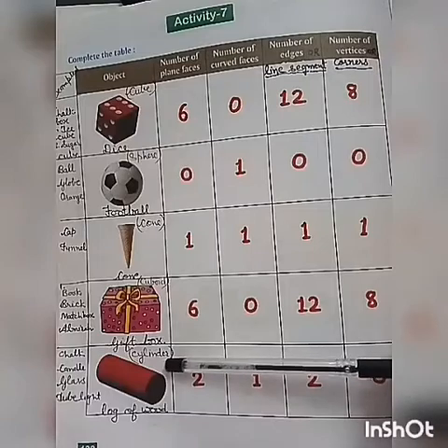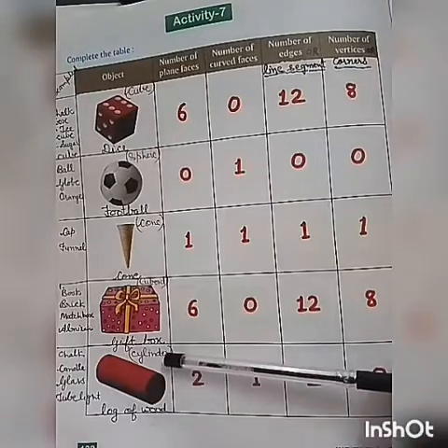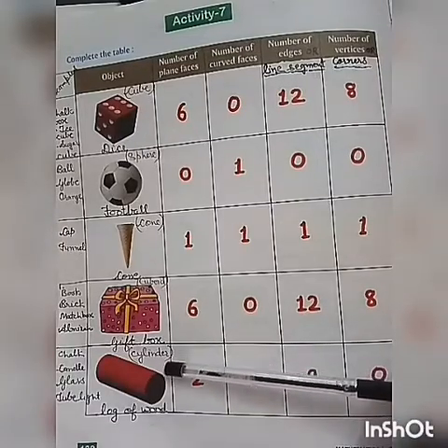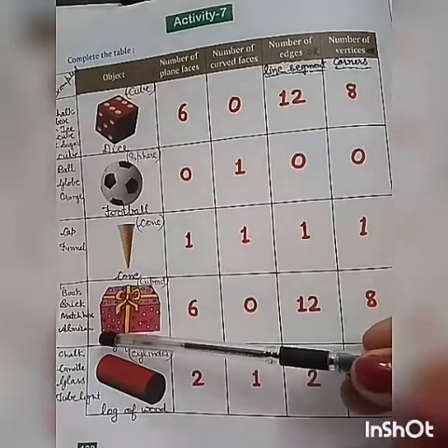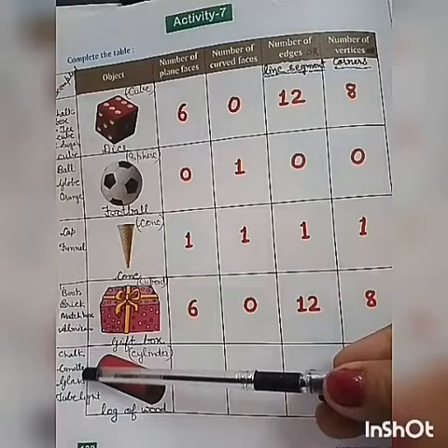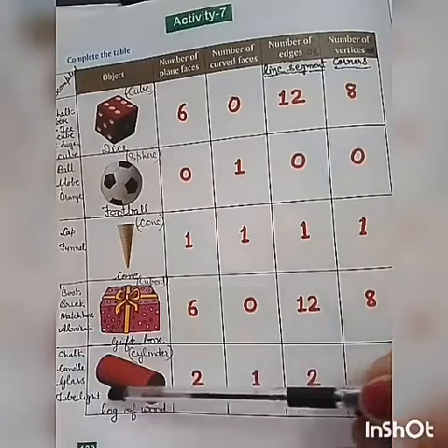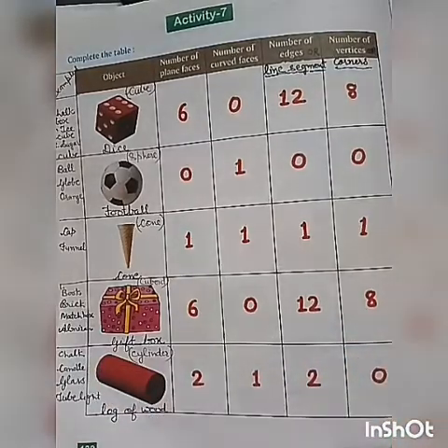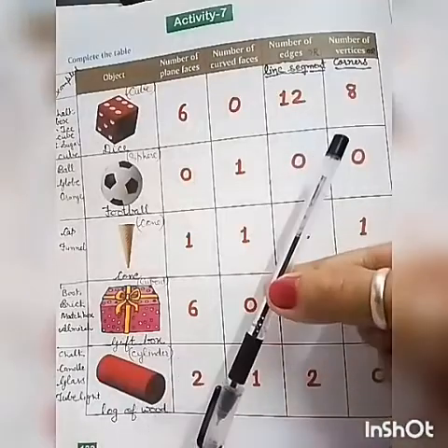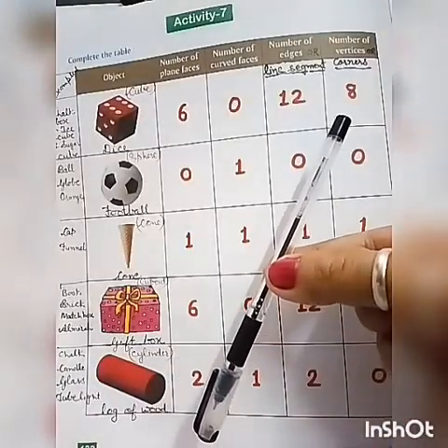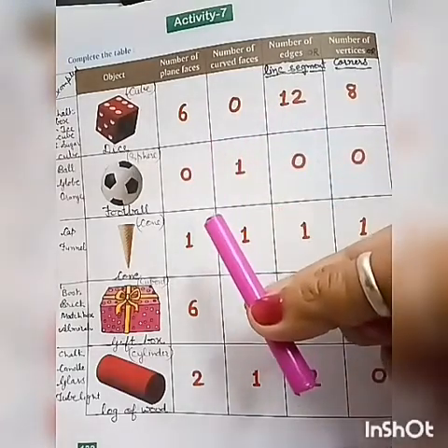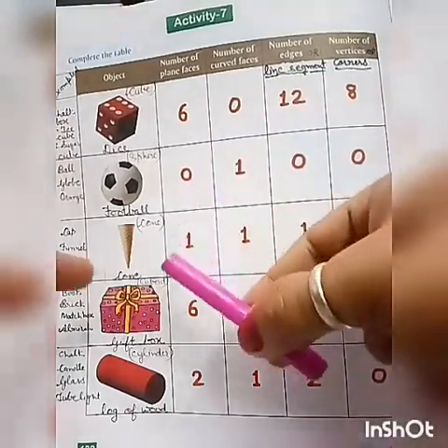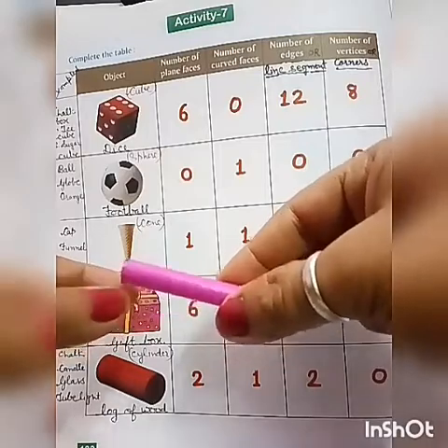Now we will talk about fifth shape, that is cylinder. Log of wood is an example of a cylinder. We can see many things like chalk, candle, glass, tube light in our day-to-day life. See, this pen is also an example of a cylinder. There is a cylindrical shape in my hand. Let's count the faces of a cylinder.